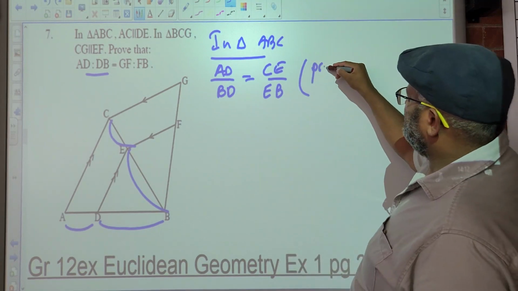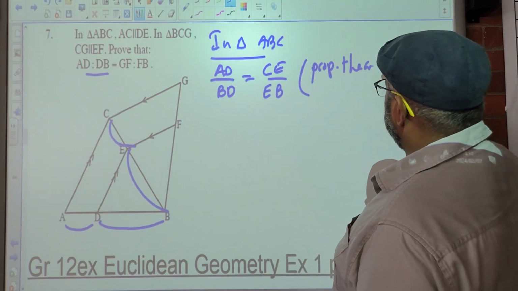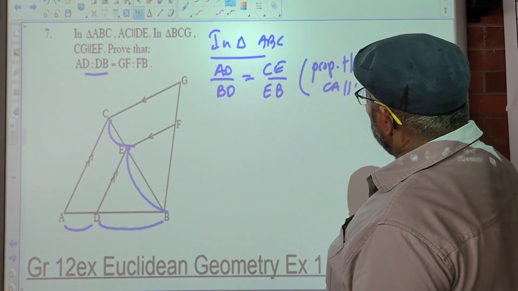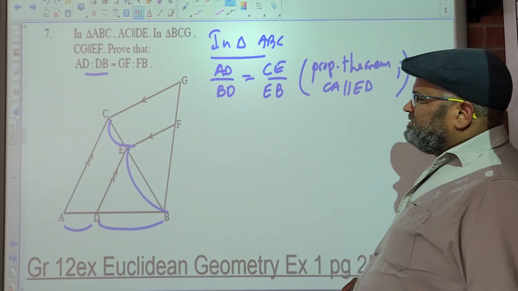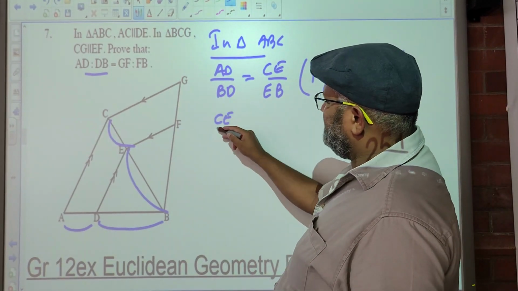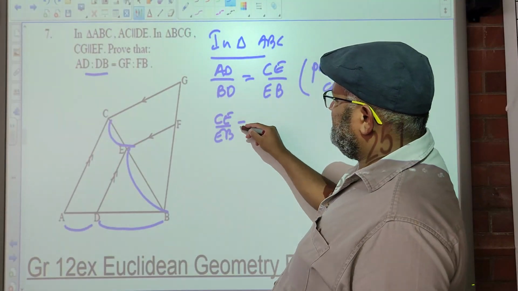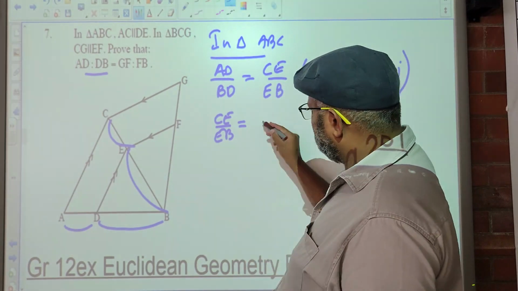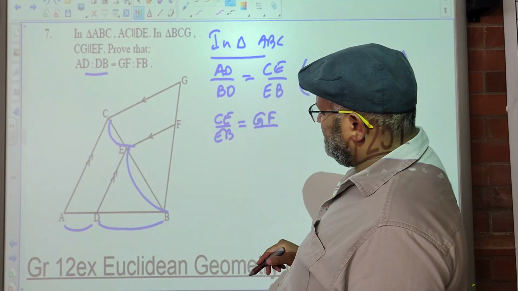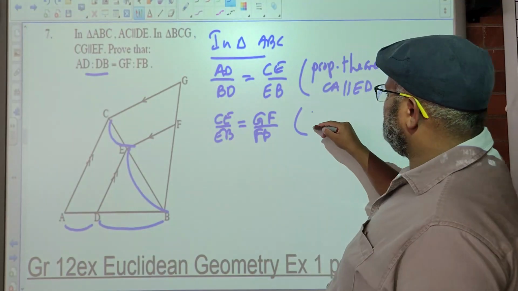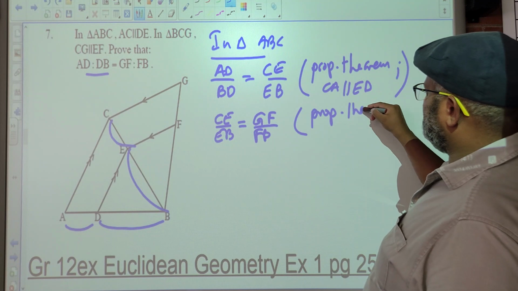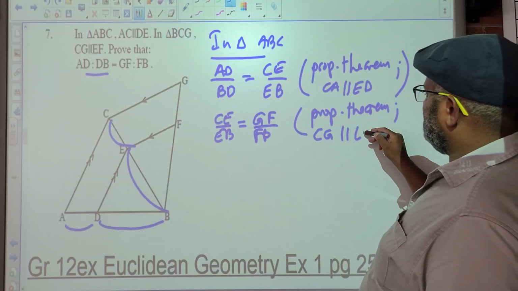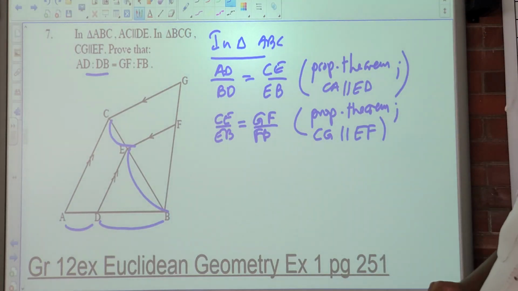Why? The proportionality theorem, with CA being parallel to ED. Now we know that CE over EB is equal to GF over FB. Why? Because of the proportionality theorem, with CG being parallel to EF. But what do we notice now?